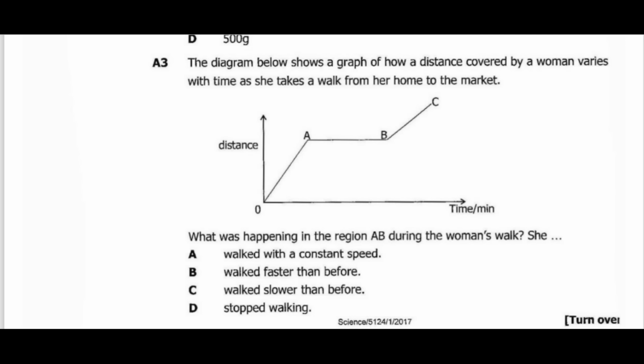Under a velocity time graph, a line moving parallel to the x-axis indicates that the velocity is constant. But for a distance time graph, the case is different. Here, a horizontal line moving parallel to the x-axis means that an object or a person has stopped or is not moving.